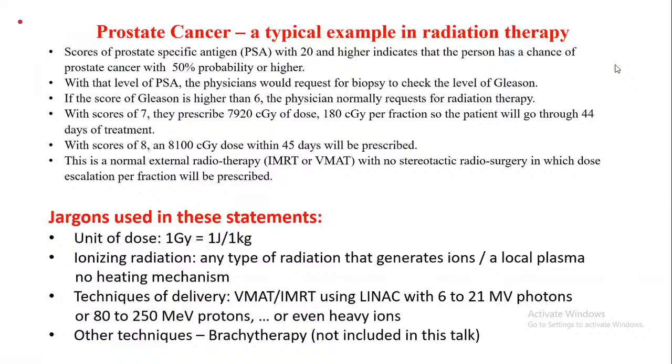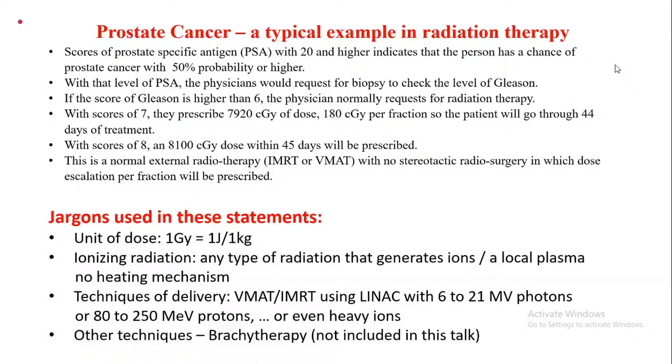In these lines, there are a few jargon terms, including gray, which is the SI unit of dose, the deposition of 1 joule of ionizing radiation in 1 kilogram of tissue. We should note that ionizing radiation is any type of radiation that generates ions in tissue, changing the chemical environment of the cell, with no heating mechanism as a cause of the cell damage.